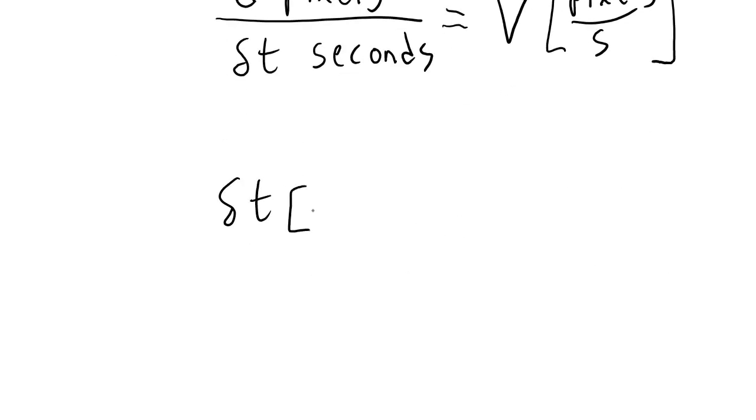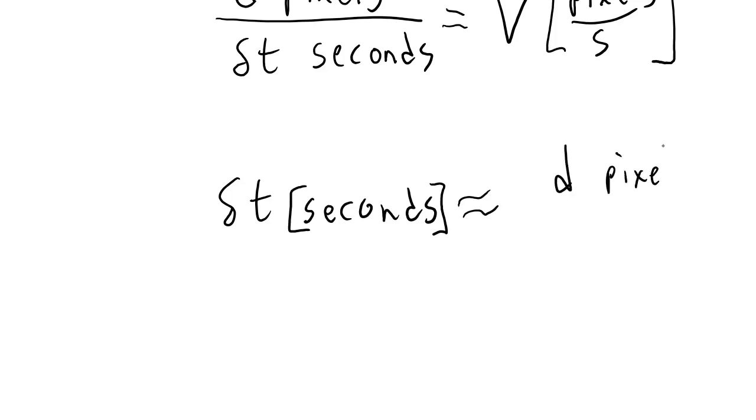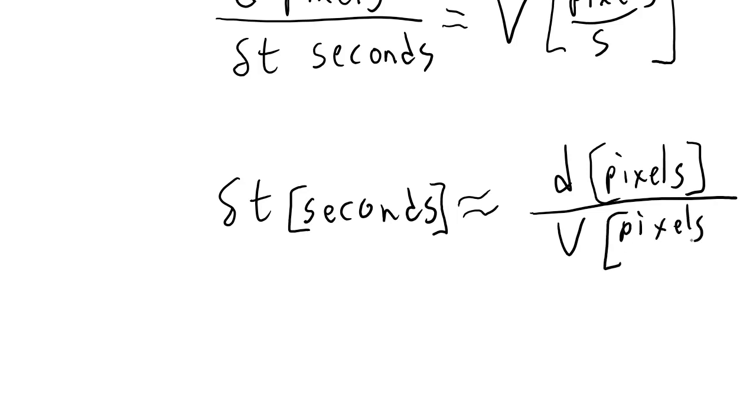Delta t in units of seconds should be set approximately equal to d in units of pixels divided by v in units of pixels per second. Let's take a look at an example.